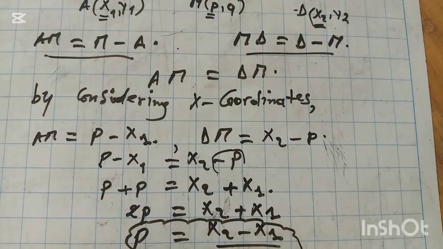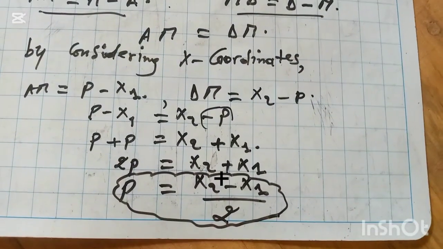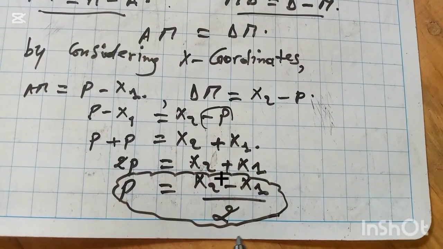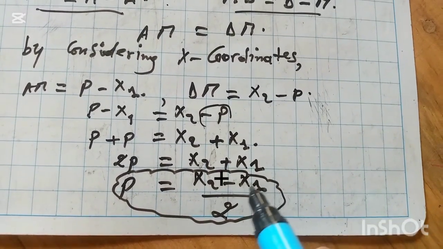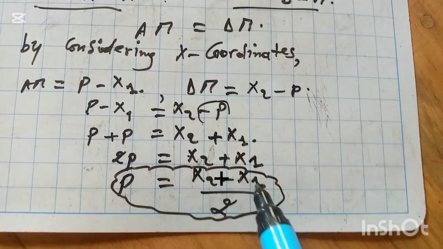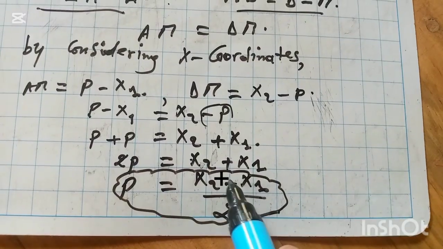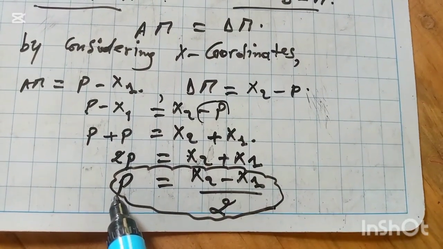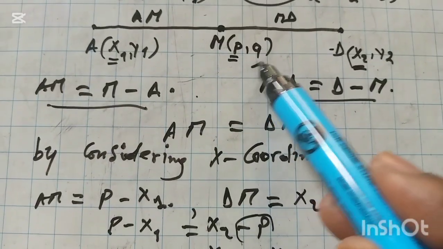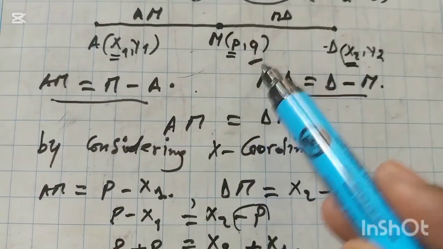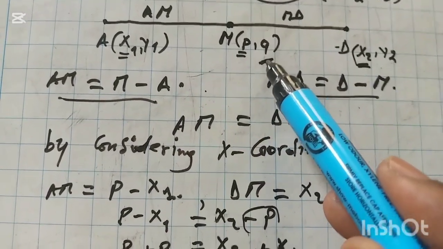This is for x coordinates, and also it is for y coordinates. Even for y coordinates, you have to change x and y. They have the same formula. Now this one will be Q, as we use this as y by considering y axis or y coordinates.